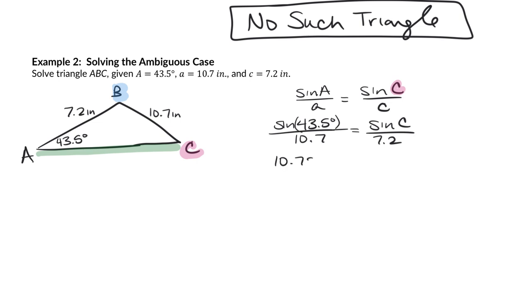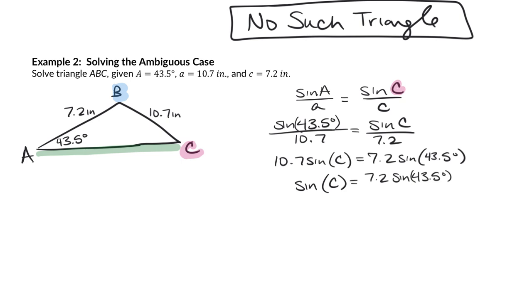This is 10.7 times the sine of C, equal to 7.2 times the sine of 43.5 degrees. What am I dividing by here? 10.7, which means that the C value is still not isolated yet, but we can get there very quickly. 7.2 times the sine of 43.5 degrees, all divided by 10.7.